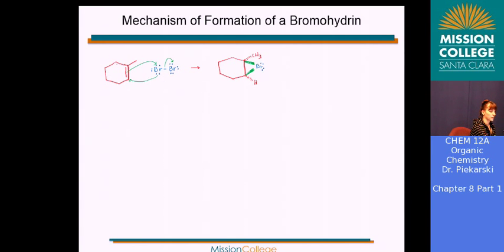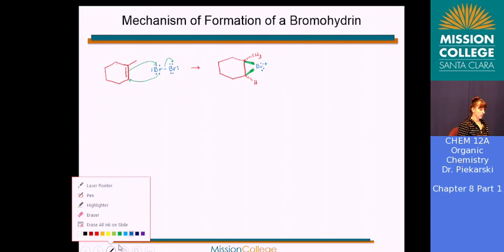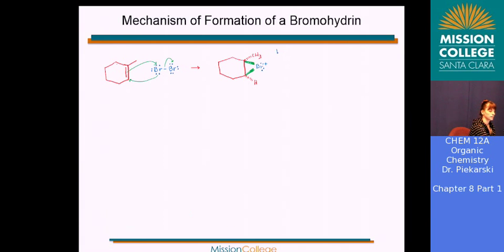Remember those two lone pairs and that +1 formal charge. And we have the bromide that we also made, so I'll draw that there. But in addition, we are running this reaction in water.